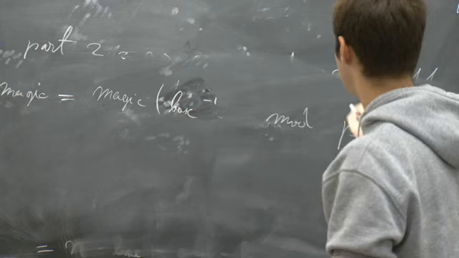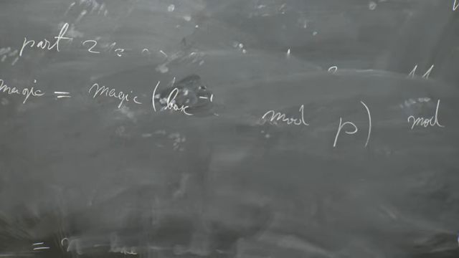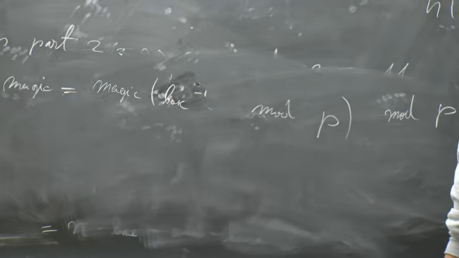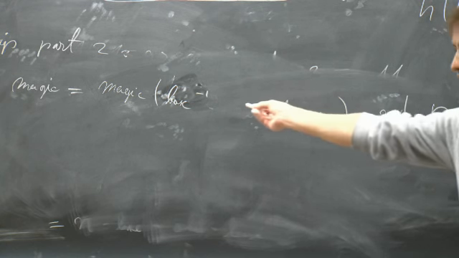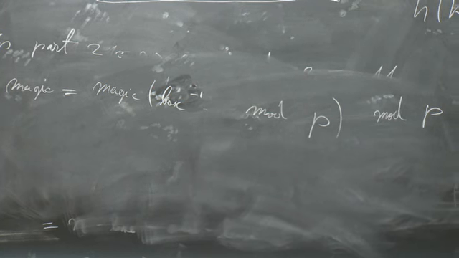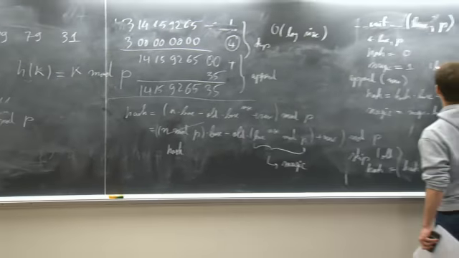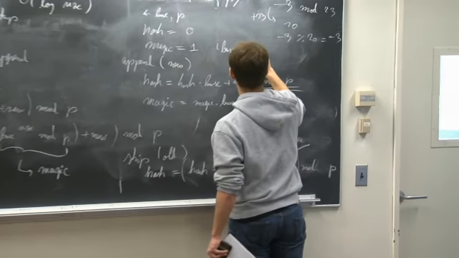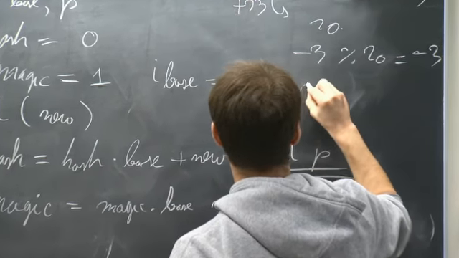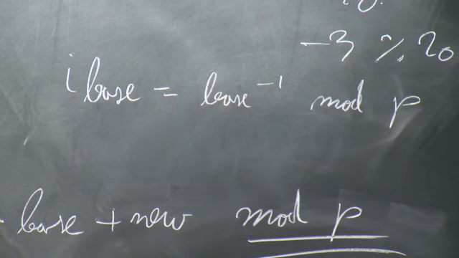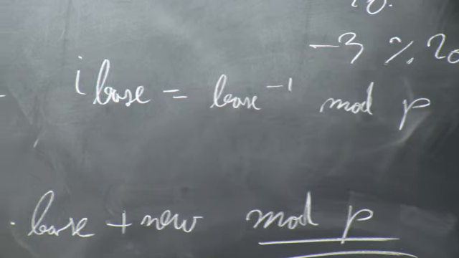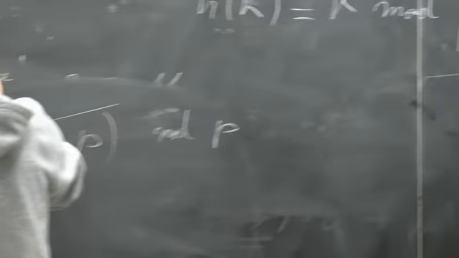Now suppose this base minus 1 modulo p, this multiplicative inverse algorithm, is really slow. What do we do to stay order 1? Pre-compute it. Base is not going to change, right? Very good. So the inverse of base, I base, is base minus 1 mod p. So here I replace this with I base.